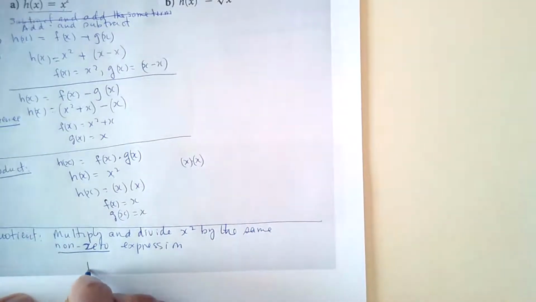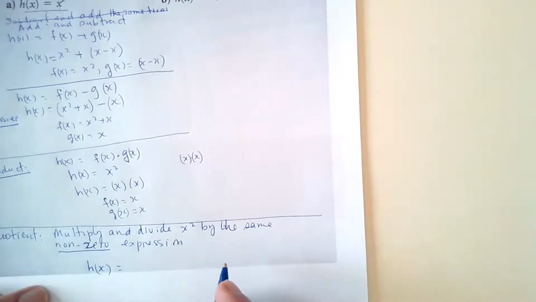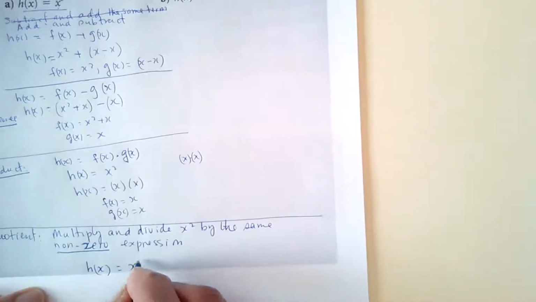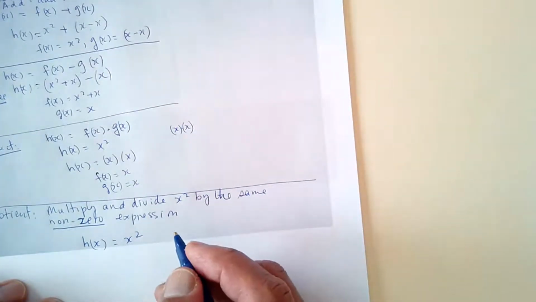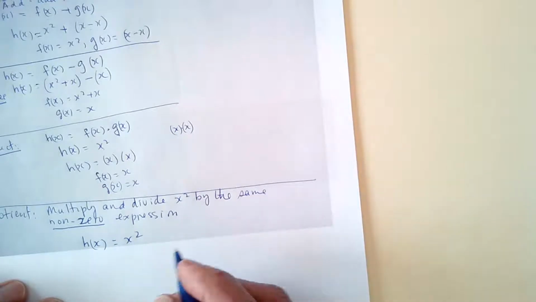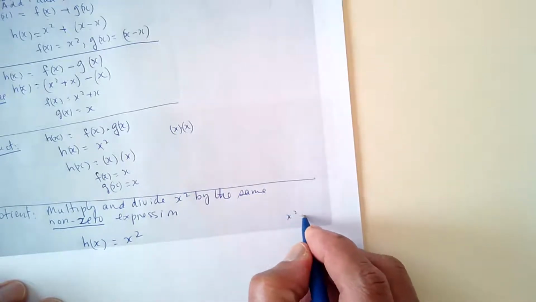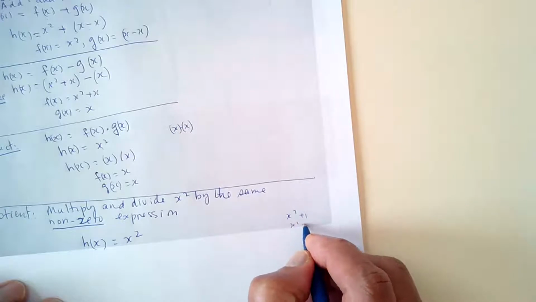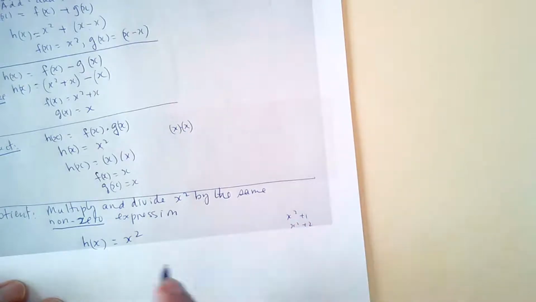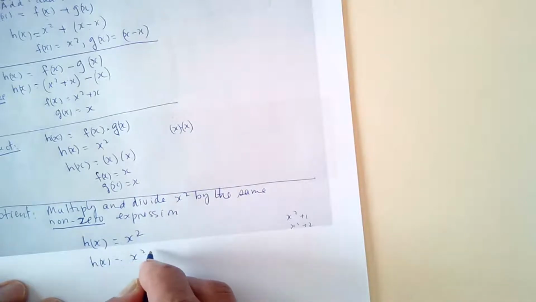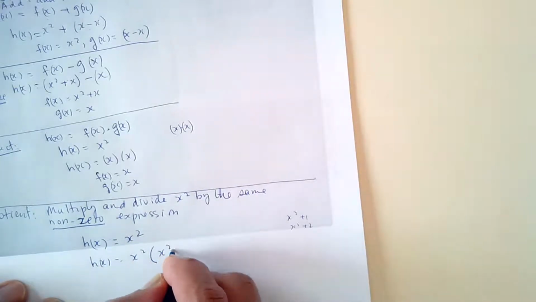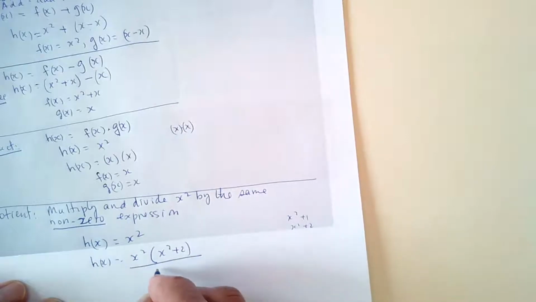So, for example, we have h of x equals x squared. It doesn't matter what, as long as we have a non-zero expression, such as x squared plus 1 or x squared plus 2, etc. So h of x is equal to x squared times x squared plus 2 over x squared plus 2.